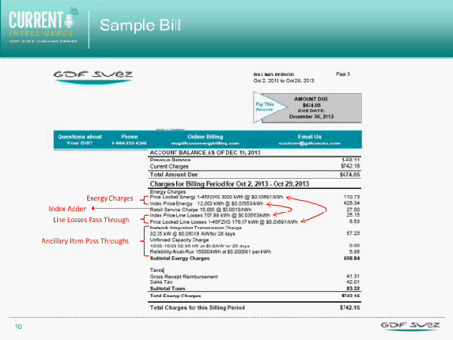You'll see that with the arrows on the right-hand side. Similarly, for the volumes that have been locked, those volumes get locked in at the lock rate. And then finally below that, beginning with the line that reads Network Integration Transmission Charge, these are various ancillary service items that this particular customer chose to pass through on their adder.